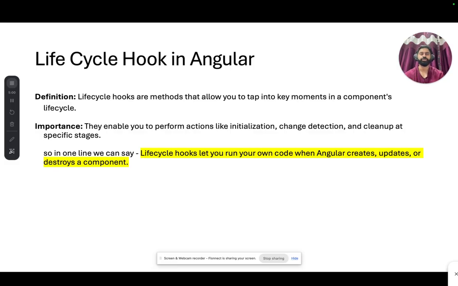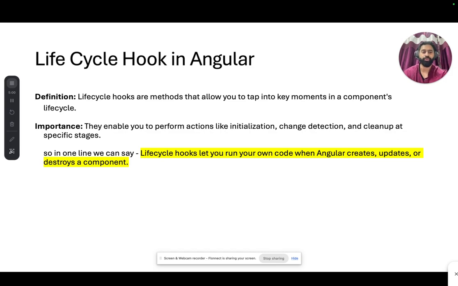It totally depends on your requirement when you want to execute certain events, when you are initializing a component, when there is a change detection, or if you want to do some cleanup at a specific stage. For that, these lifecycle hooks are very important. In one line, lifecycle hooks let you run your code when Angular creates, updates, or destroys a component.